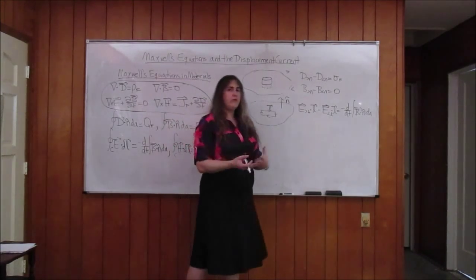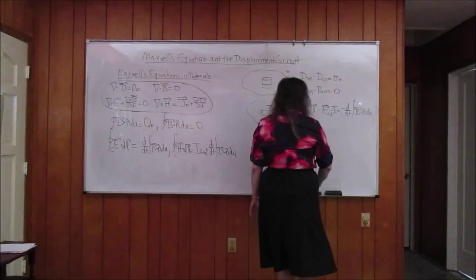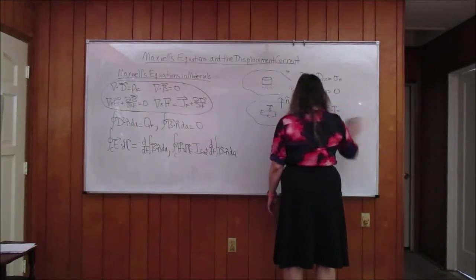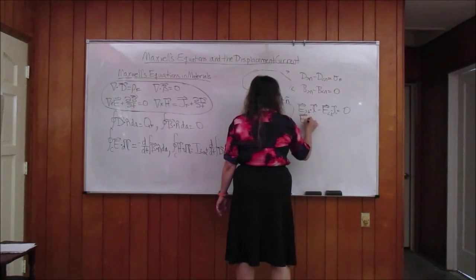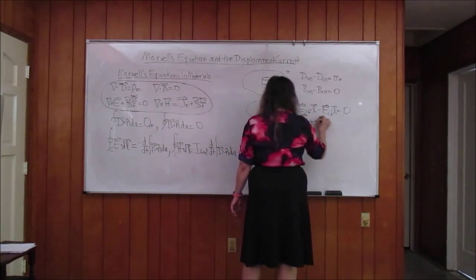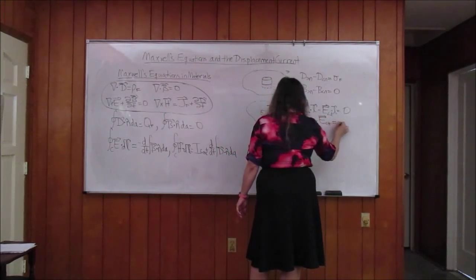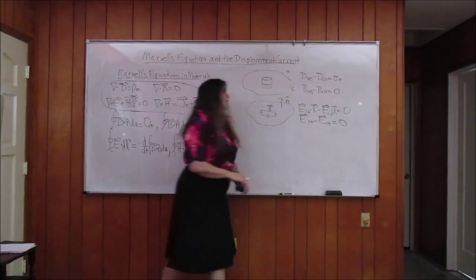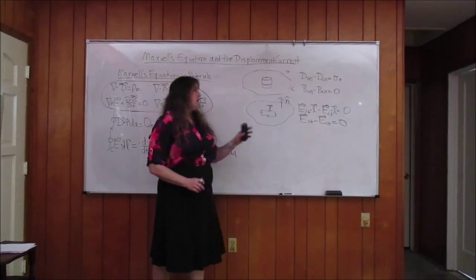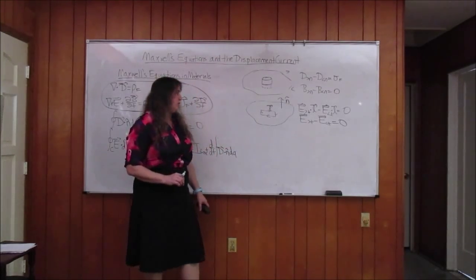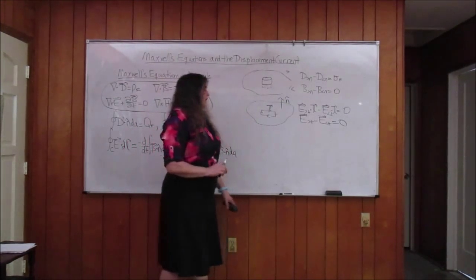Now, if I make it very, very narrow, the flux is just going to go to 0. And therefore, you'll find that the parallel component of the electric field, or tangential component of the electric field, is equal to 0 across this interface between two different kinds of media.